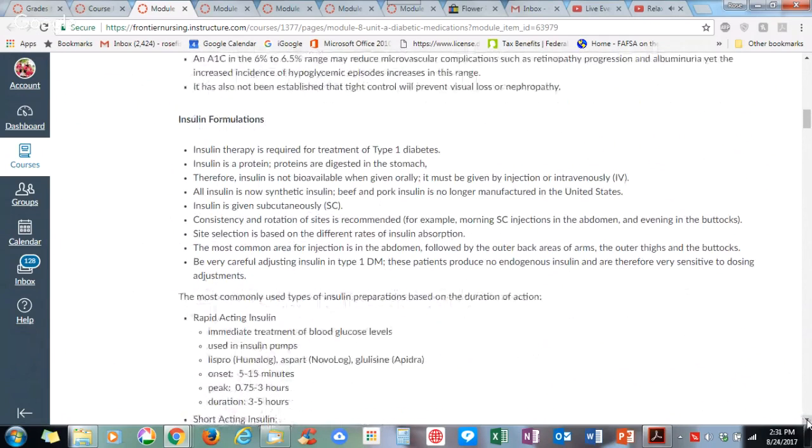An A1C in the 6% to 6.5% range may reduce microvascular complications such as retinopathy progression and albuminuria, yet the incidence of hypoglycemic episodes increases in this range. It has also not been established that tight control will prevent visual loss or nephropathy.